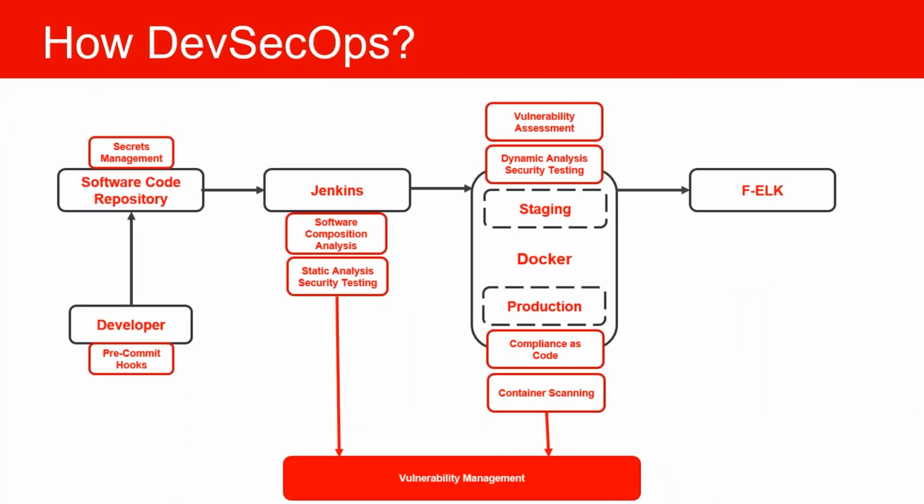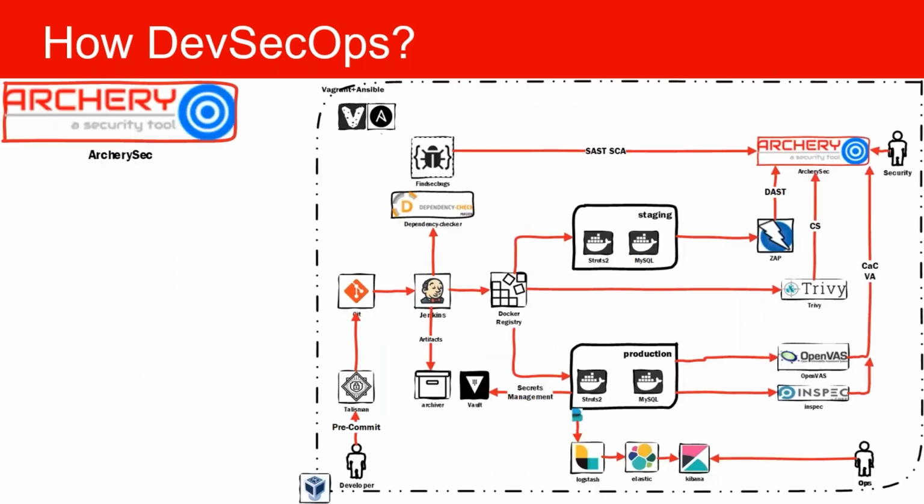Now, vulnerability management lies at the heart of DevSecOps. Why? Because all of these tools that we've discussed so far, Dependency Check, FindSecBugs, Trivy, OpenVAS, Inspec, or ZAP, all of these tools will generate vulnerability data in different shapes and formats. If you give the reports of these individual tools to your developer, they will simply throw it out of the window.